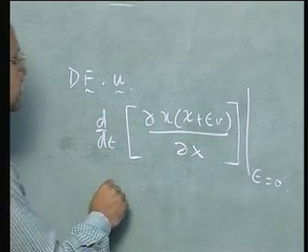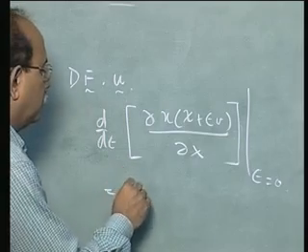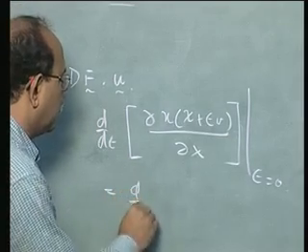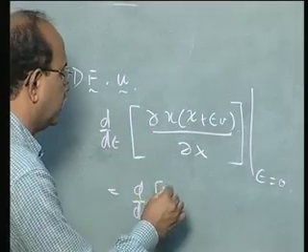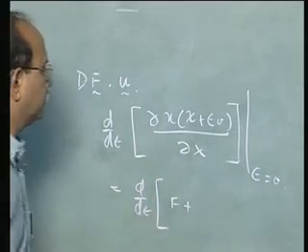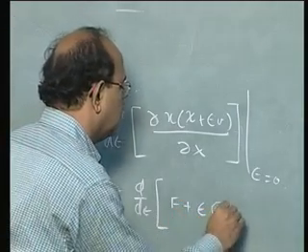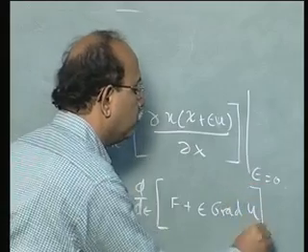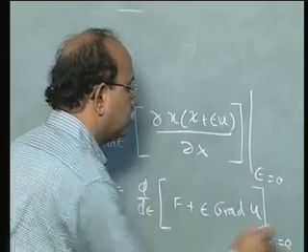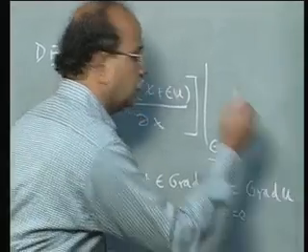which can be written as d by d epsilon with respect to small chi or small x, we can do that. So F plus epsilon into grad u at epsilon equal to 0, which gives me grad u.